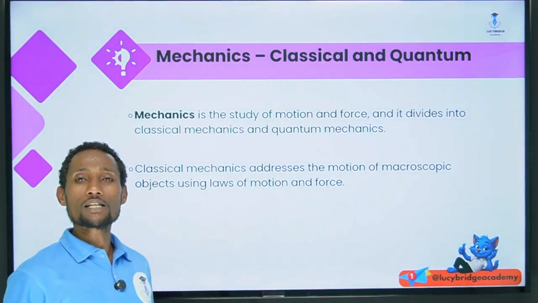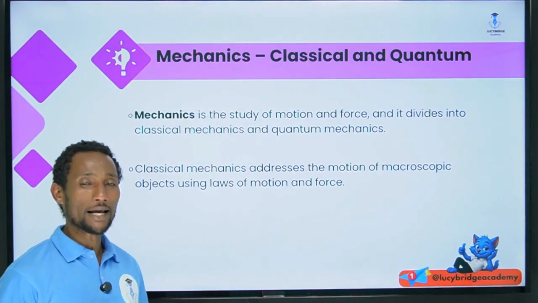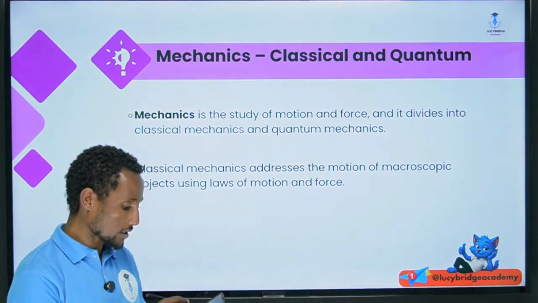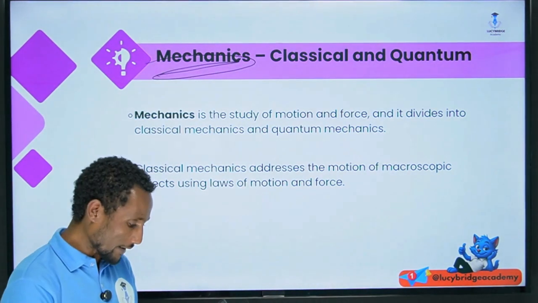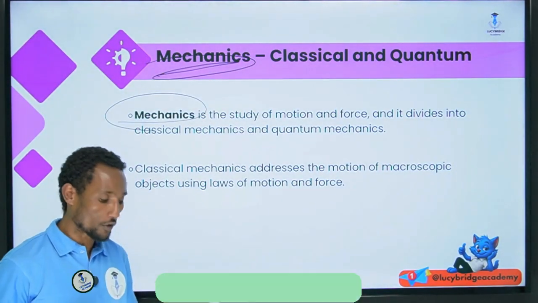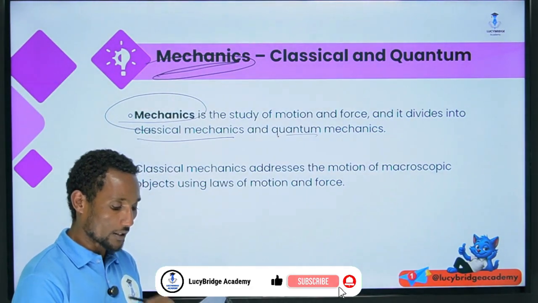So by having this, let's see some of the branches of physics in detail. First, mechanics. Mechanics is the study of motion and force, which divides into classical mechanics and quantum mechanics.